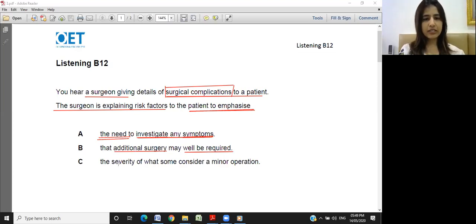Okay, and last one, severity of what some consider a minor operation. If this is the correct answer, then what kind of conversation do you expect?